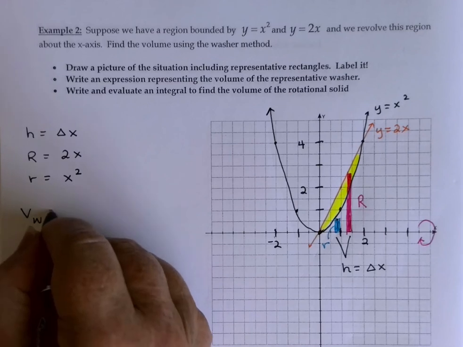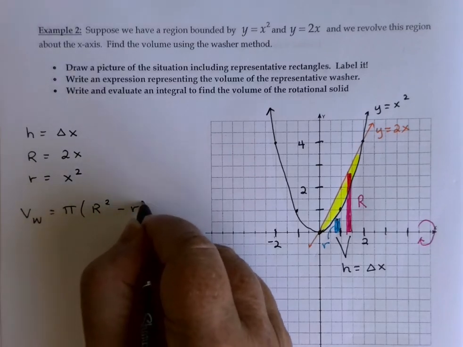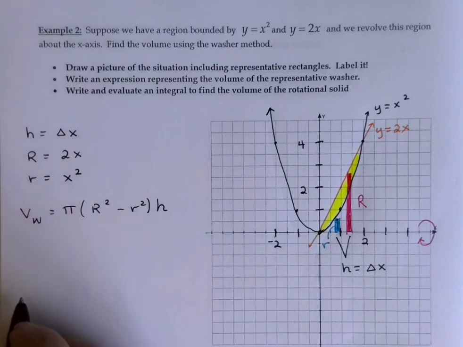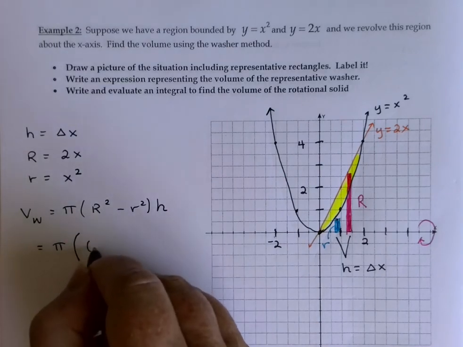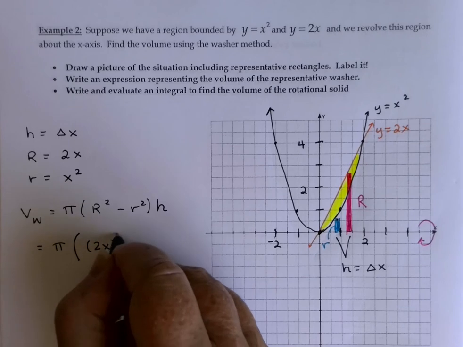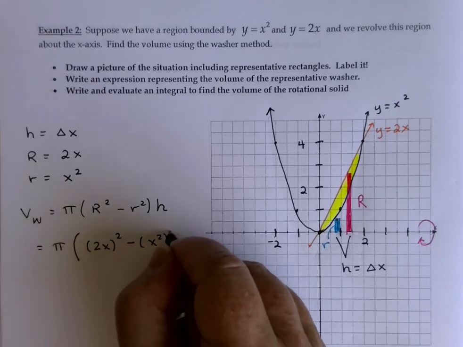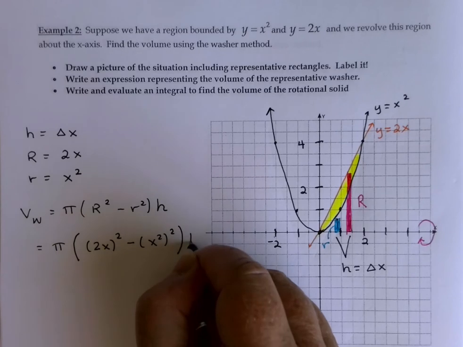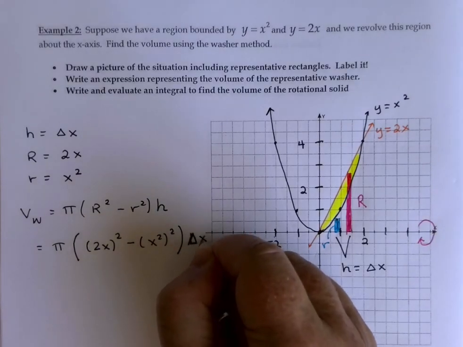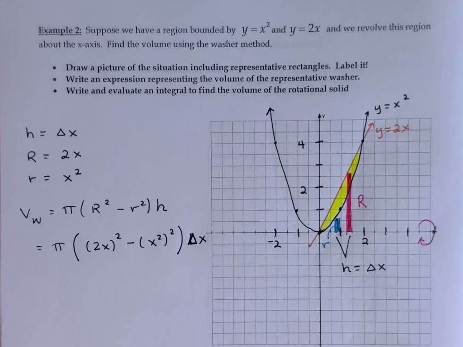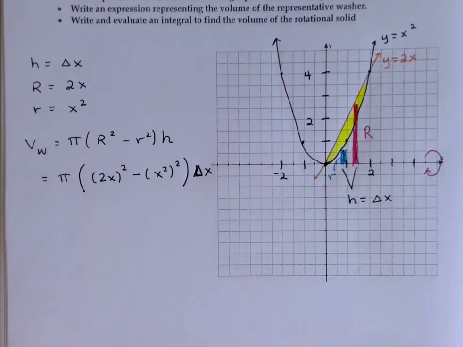And the volume of my washer is going to be pi times 2x all squared minus x squared squared times delta x. All right, so there's my setup.